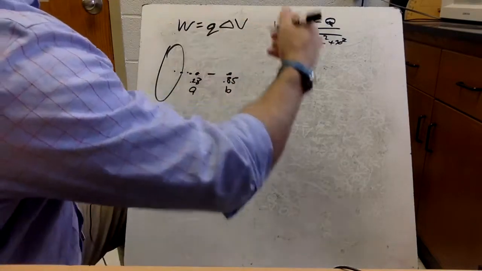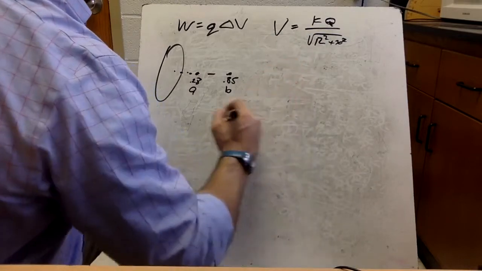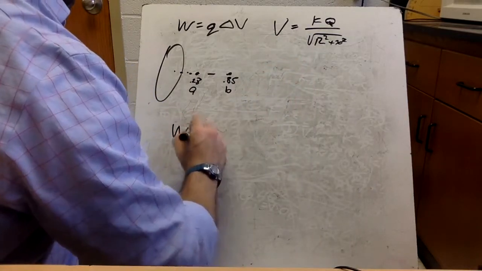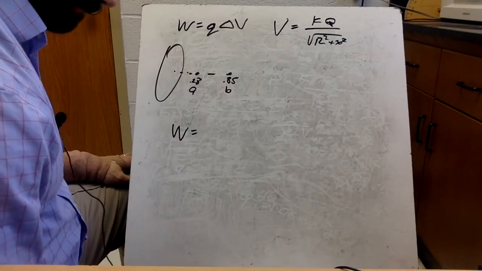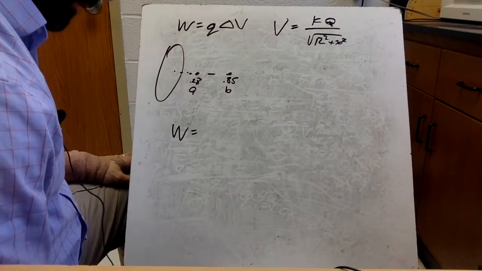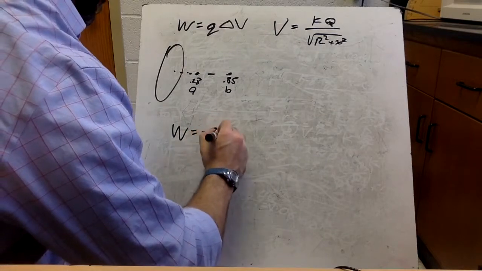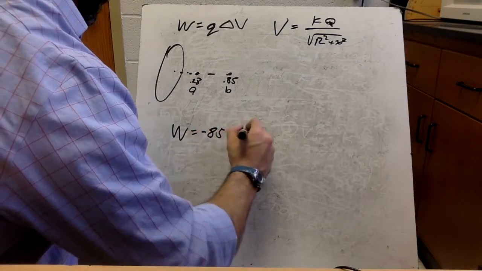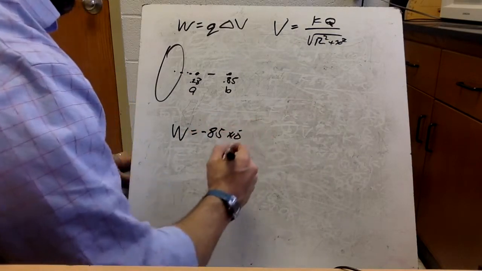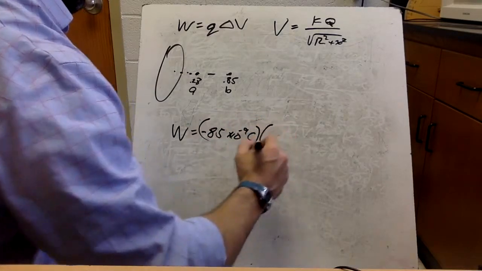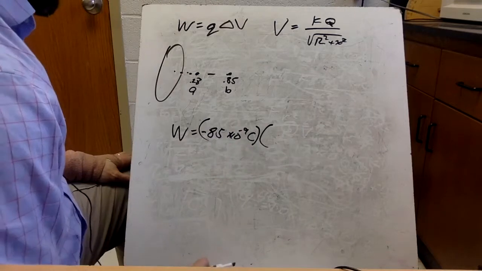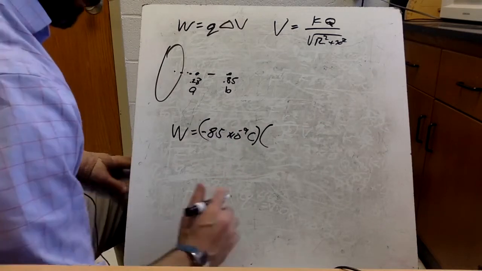All right, so what we can do is just say that the work is equal to this charge, which is negative 85 nanocoulombs. What is nano? 10 to the negative ninth. Times VB minus VA.